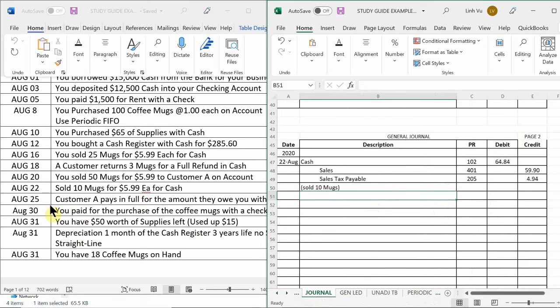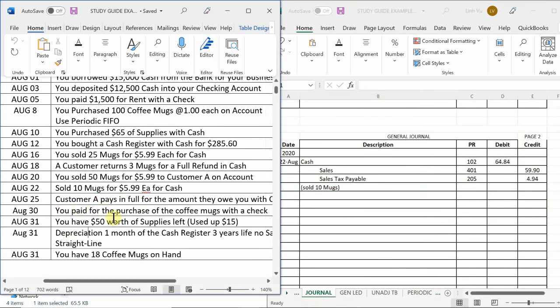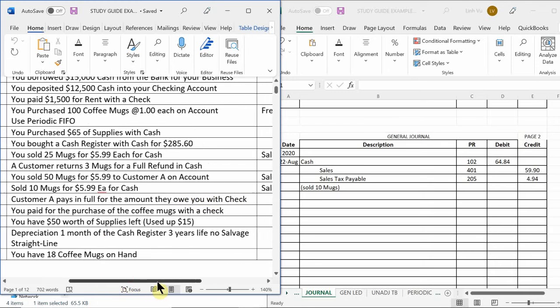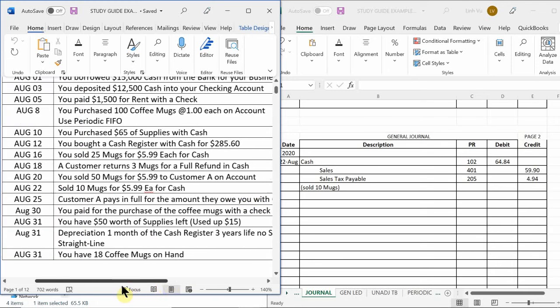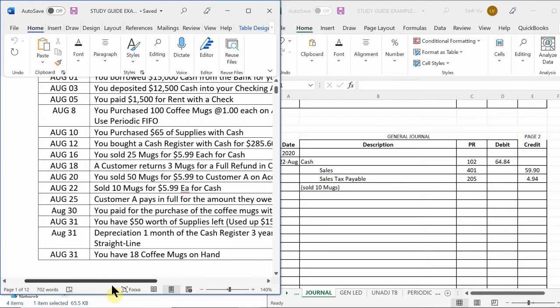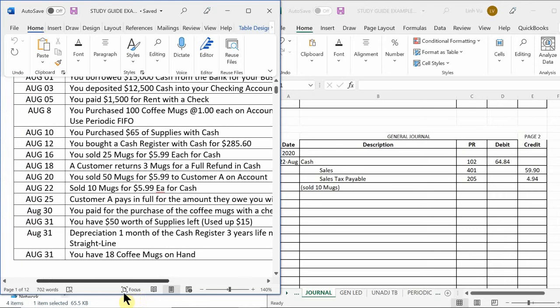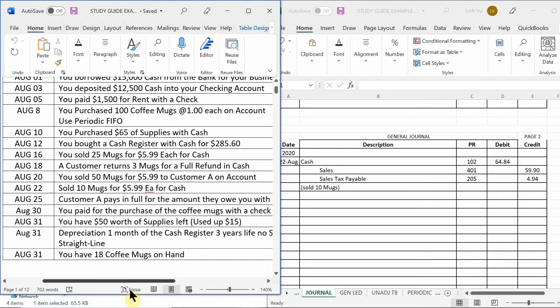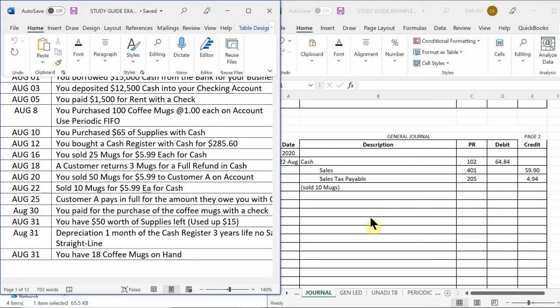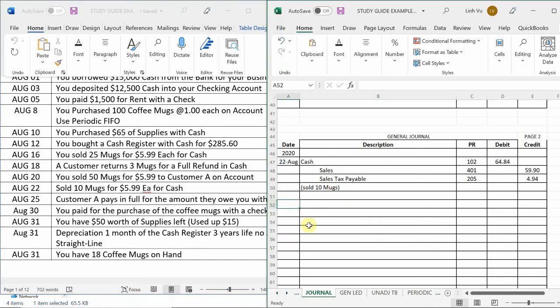Let's see what else happened. Then customer A pays in full for the amount that they owe with a check. So August 25th, customer A decides to pay with a check.